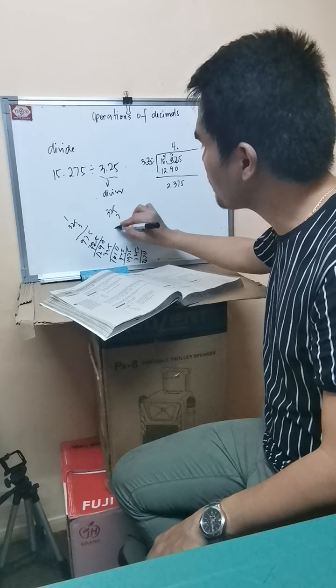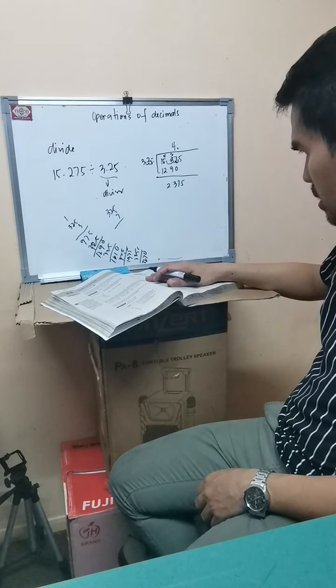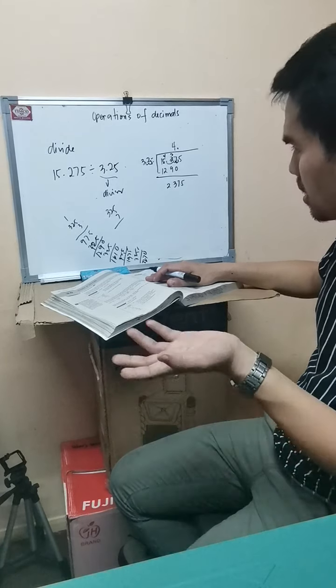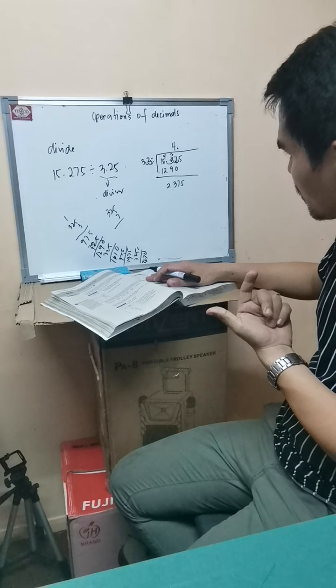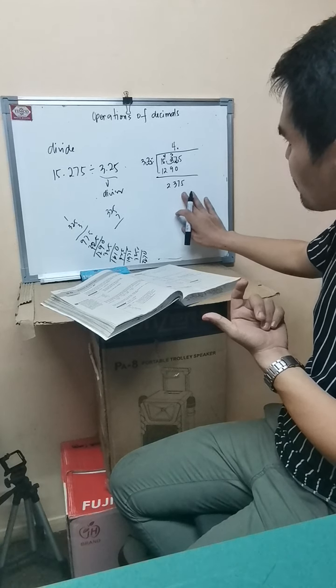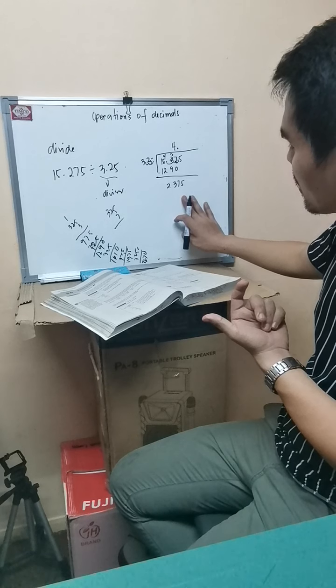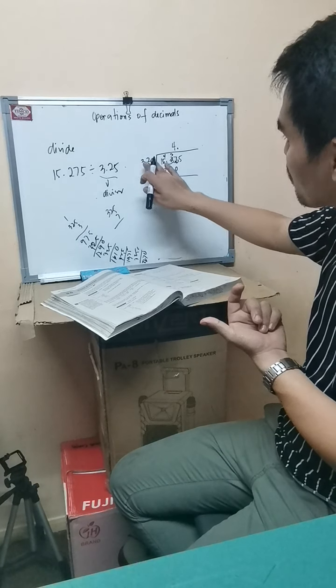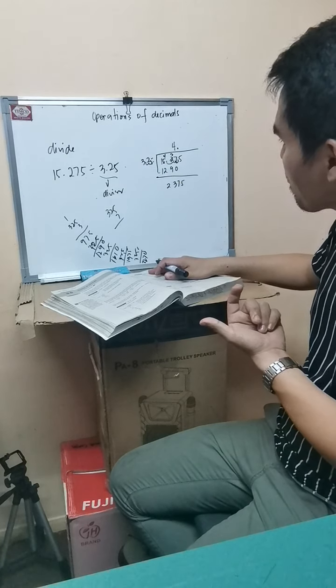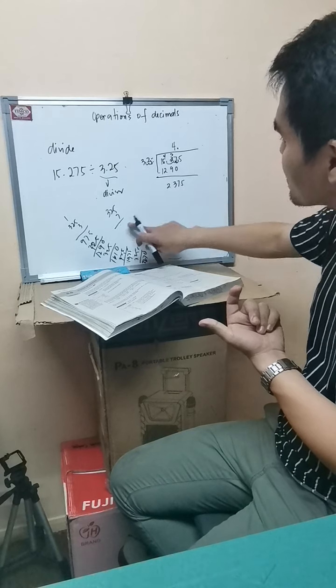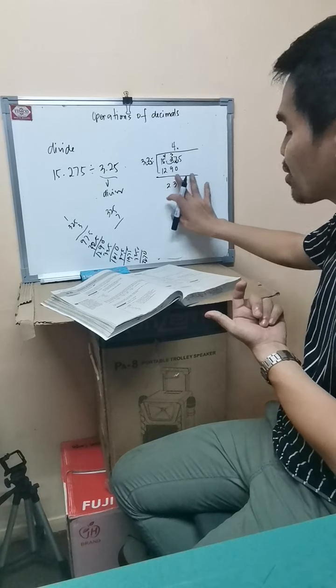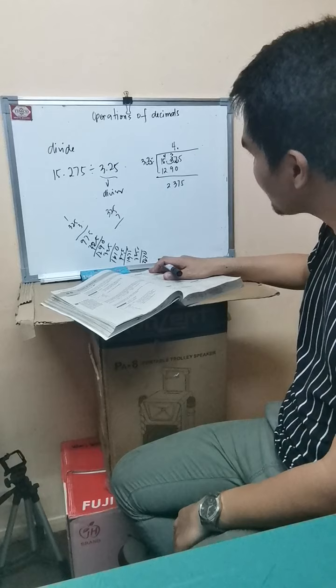325 times 7. Let's try if this is going to work. Estimatedly, let's try 7. If we multiply 325 by 7, let's see if we get a number closer to this one, as we find the whole number quotient.